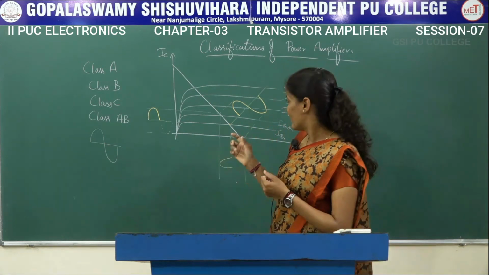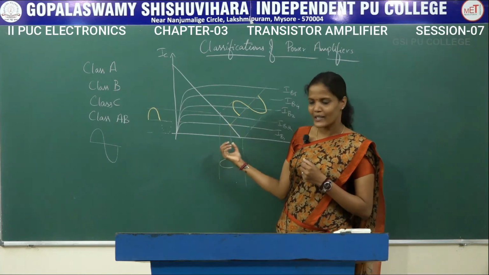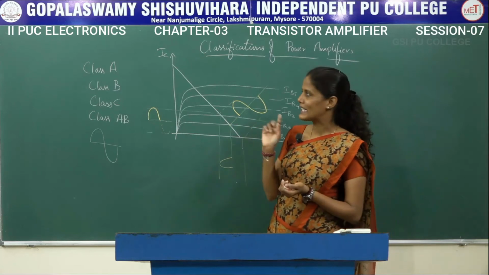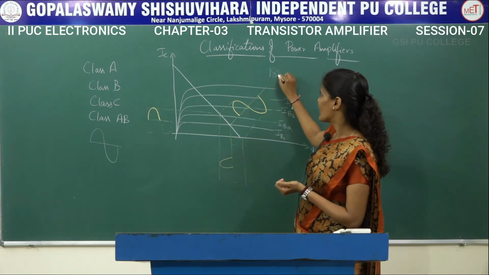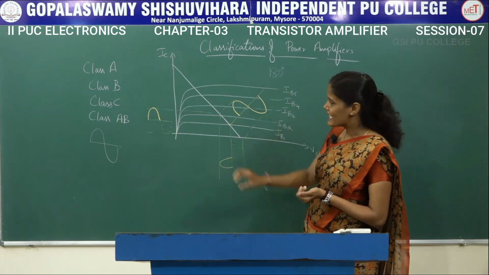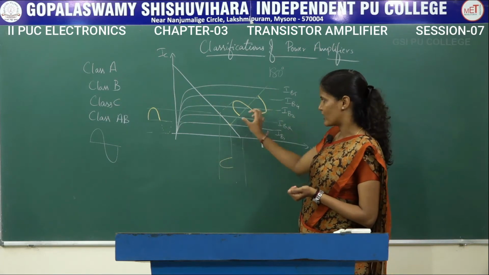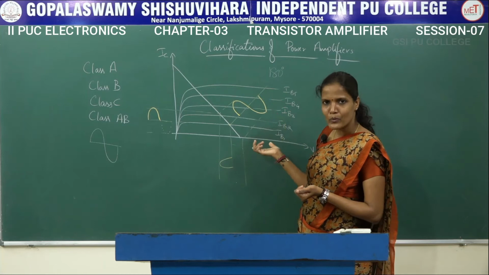So whatever signals come in the cutoff region will be completely eliminated. So we are going to get the output for this class B amplifier only for the positive half cycle, or only for 180 degrees of the input cycle. So if I consider just one half cycle, that is 180 degrees, and the other half cycle is a separate 180 degrees.